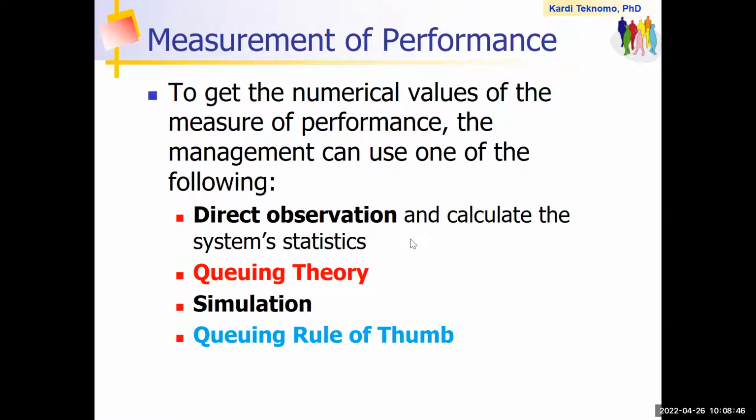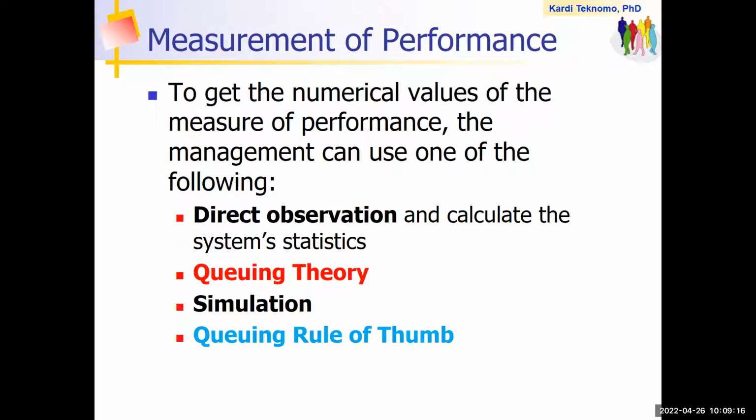Basically, when you do some theory, you want to know the numerical value of the performance of the system. What we have here is a queuing system. As management, you can use one of the following methods. One is direct observation: get the data and then calculate the system statistics.